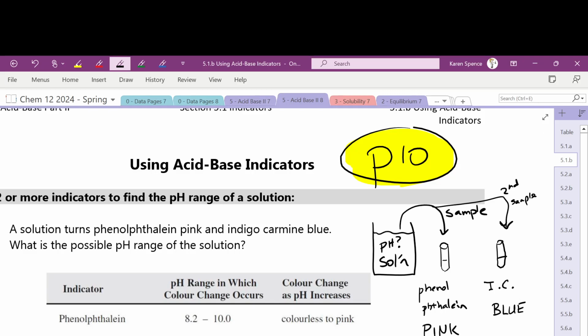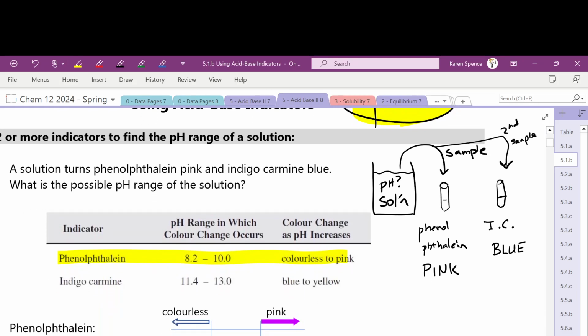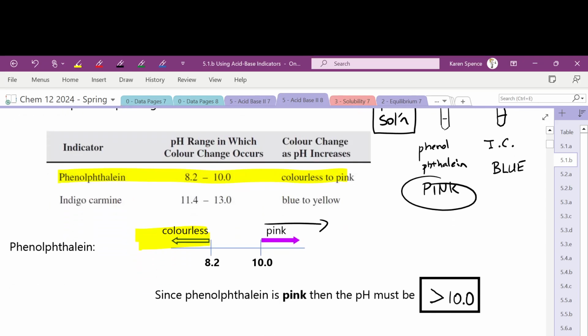Okay, so what we need to do then is look at our phenolphthalein and its color range. I know that phenolphthalein is colorless below pH 8.2, and it is pink above pH 10. Since it is pink, we know the pH must be greater than 10.0.